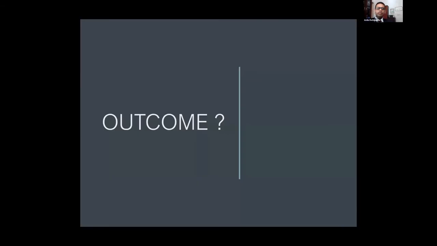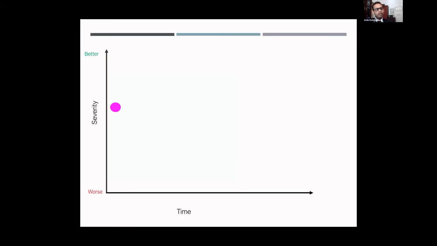So what will be the outcome of these patients? Generally, if I plot their symptoms on the y-axis and the time of disease on the x-axis, and you plot the severity of symptoms, you can see that patients expect that they will be better soon. As you know, breathlessness is a very difficult symptom to tolerate.